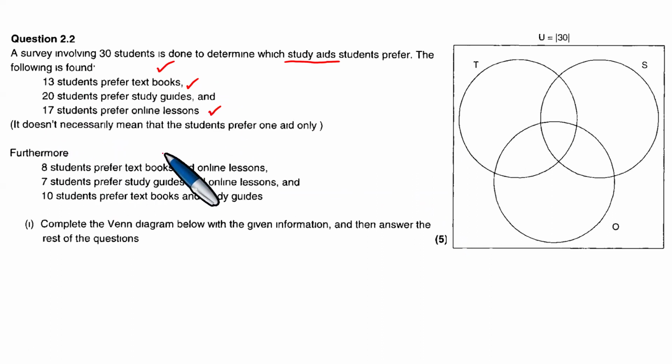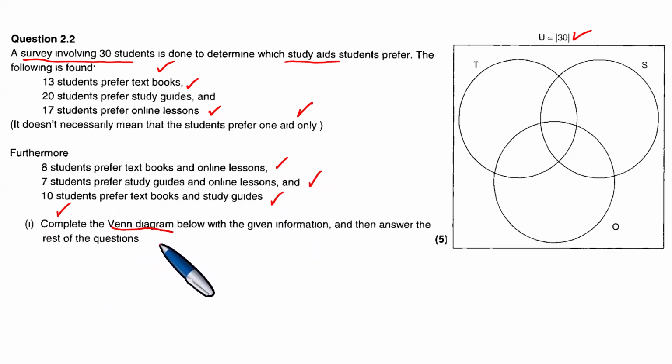It doesn't necessarily mean that the students prefer only one of these. But because this survey involved 30 students, the universal set contains 30 elements. Furthermore, 8 students prefer textbooks and online lessons. 7 students prefer study guides and online lessons. 10 students prefer textbooks and study guides. Okay, this is what we've been given. This is what you need to do: complete the Venn diagram.